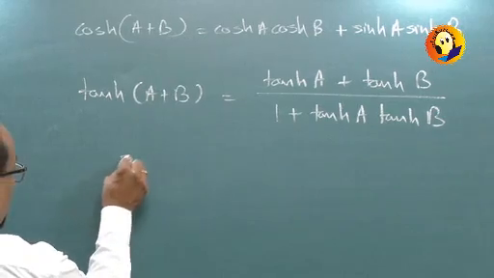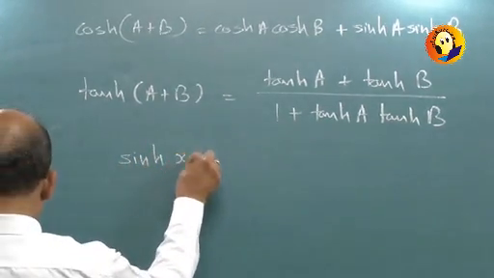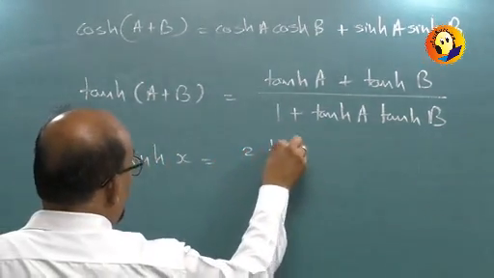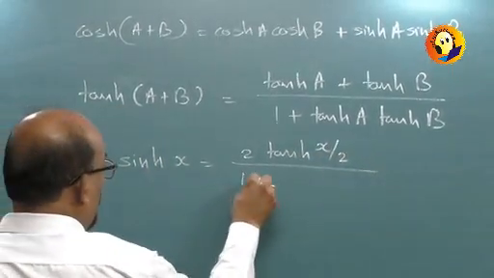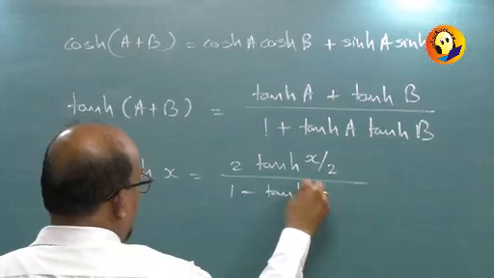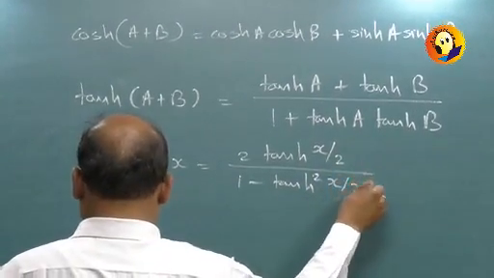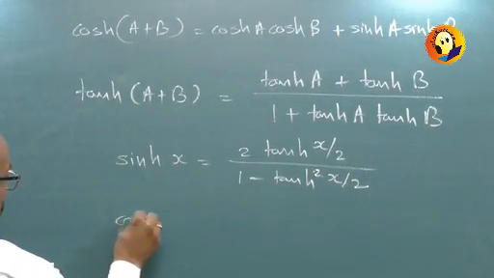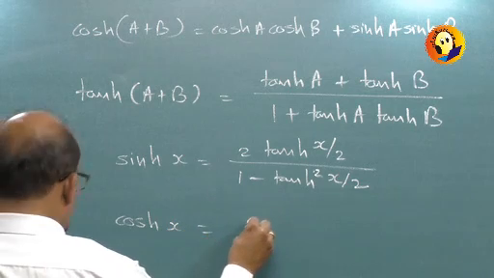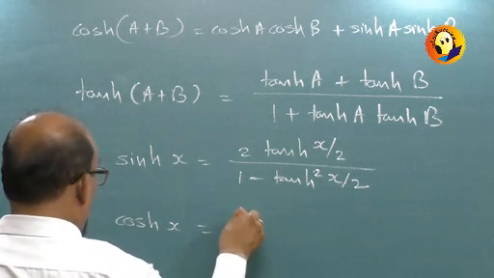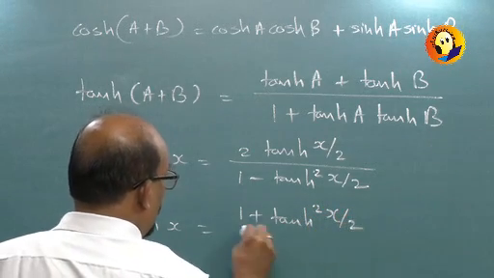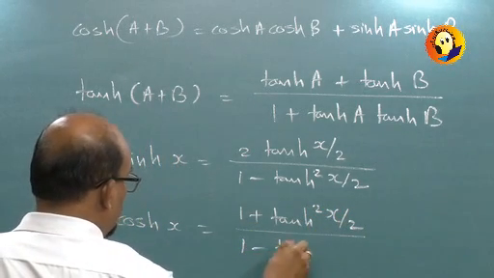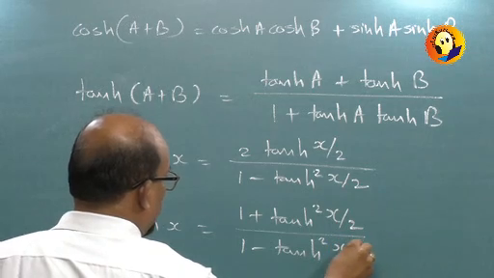Then even remember these. Sin x is 2 tan x by 2 upon 1 minus tan square x by 2. Cos x is 1 plus tan square x by 2 upon 1 minus tan square x by 2.